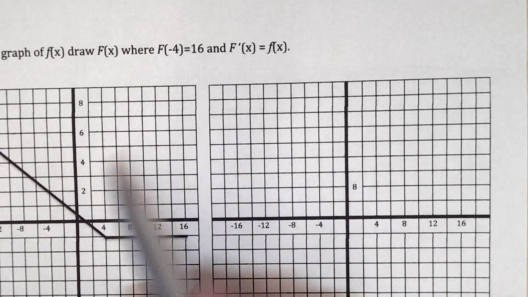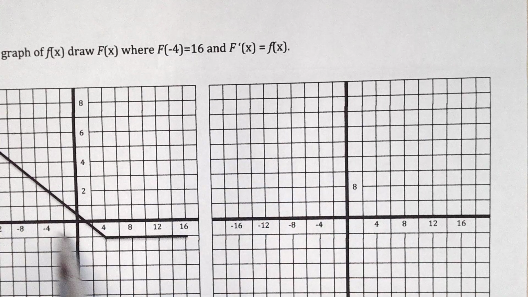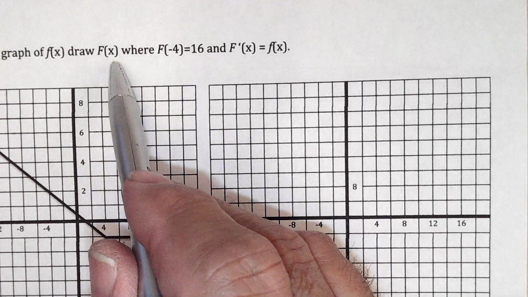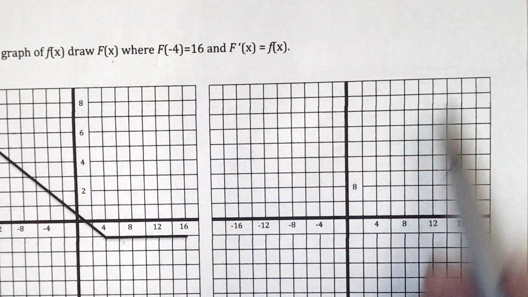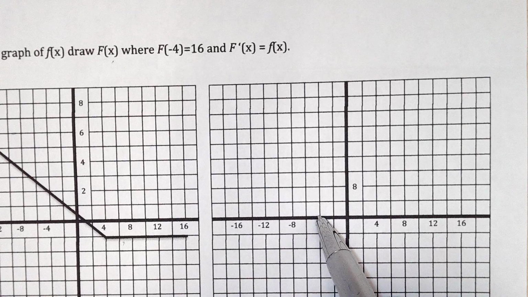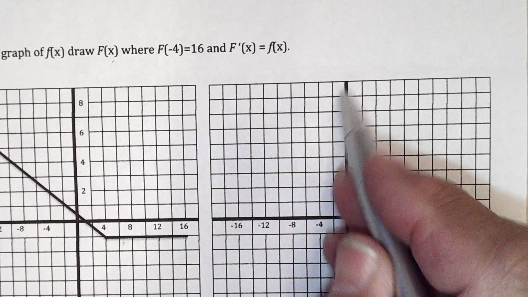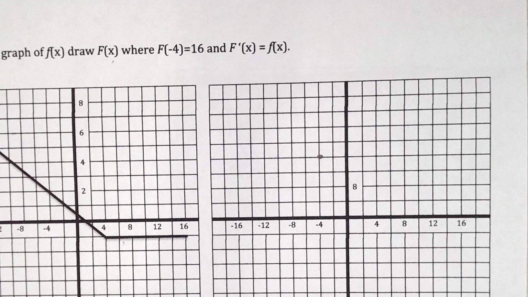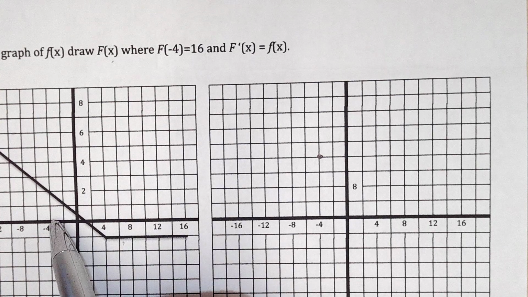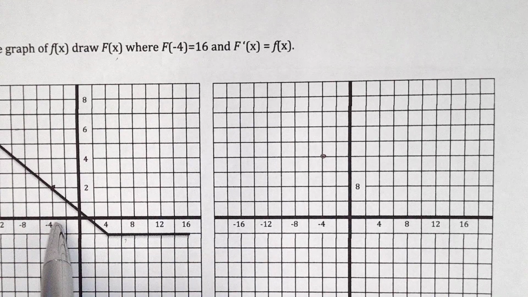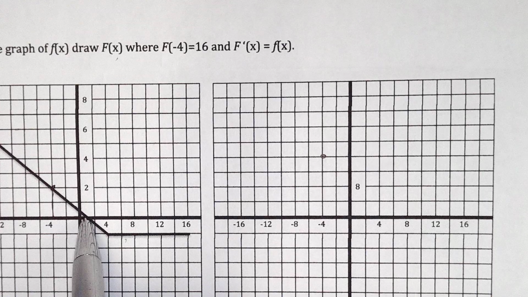All right. This is the derivative. This is the antiderivative. And at minus 4, it's supposed to be at 4, 8, 12, 16. And at minus 4, it's here. So there's positive area from here to there.